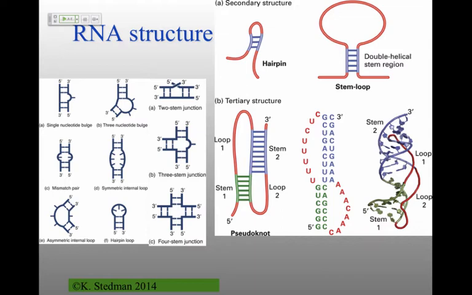RNA has ribose instead of deoxyribose on the backbone, so chemically, flexibly, it's pretty much the same as DNA. Uracil instead of thymidine, again, pretty similar, although the base pairing is a little bit different. But if you look at known RNA structures, you can have normal double strands, just like you have in Watson and Crick.